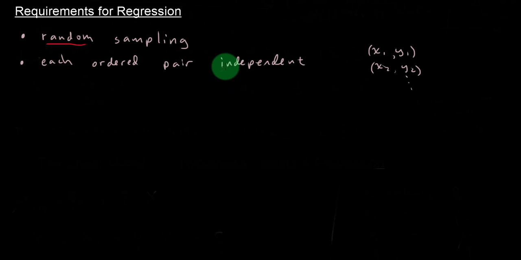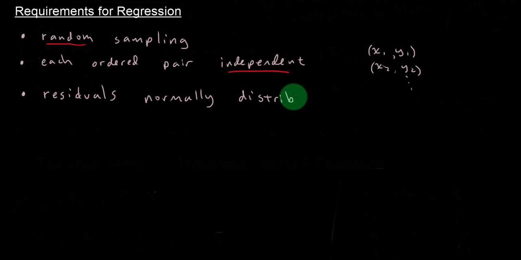So random, independent. Do you remember other requirements that we've seen? There's a normality requirement, right? And here the normality is in regards to the residuals. Residuals are normally distributed.